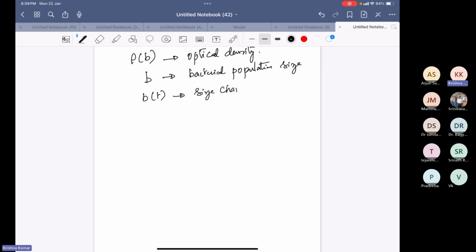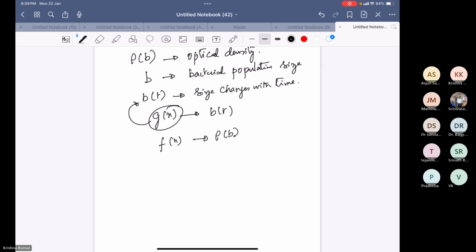Size changes. So in our language, g of x, what we had put, is now actually p of t. So g of x and p of t are the same. So what is f of x now? Actually, rho of b. So p becomes t.